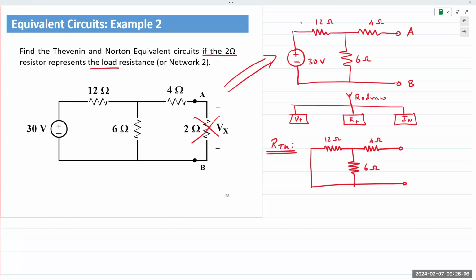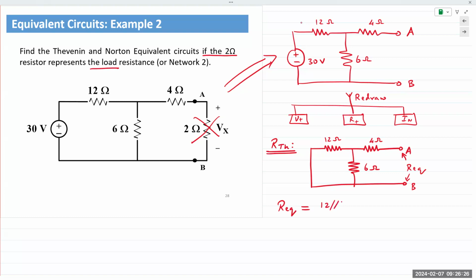12 and 4 and AB. And our task is to find REQ between those terminals. Straightforward, considering everything.